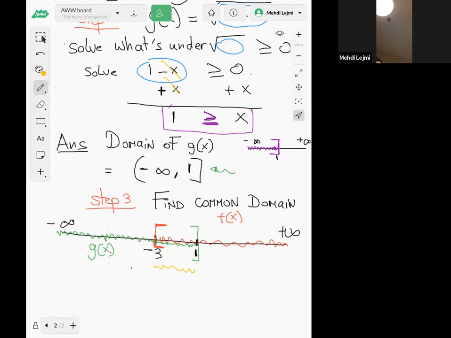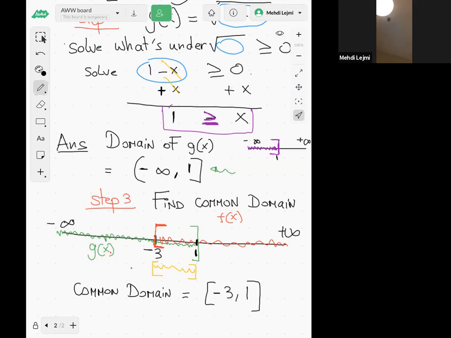So the intersection domain would be this one here. That's the common domain, as Rabiul said. The common domain would be negative 3, positive 1, and both are included.